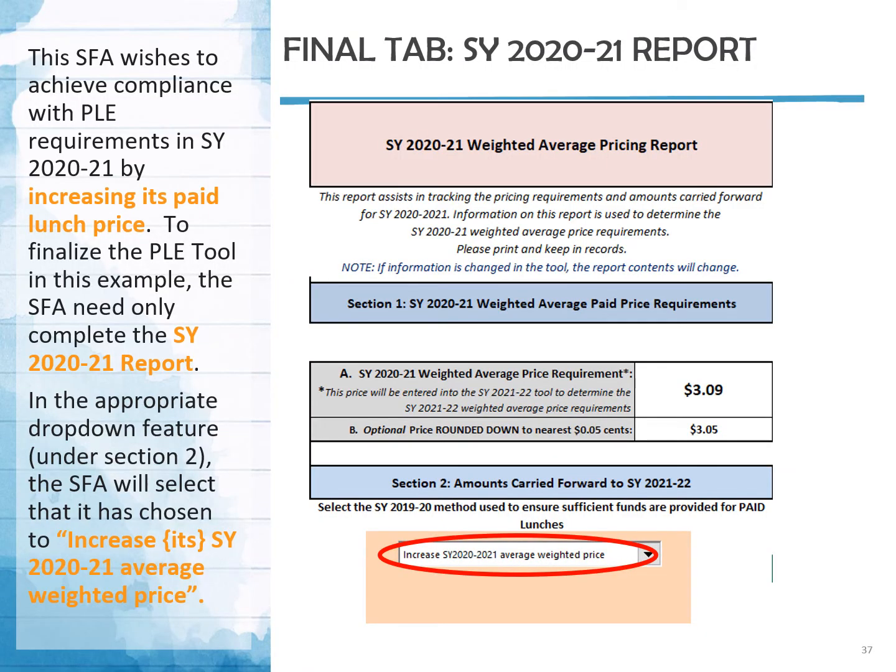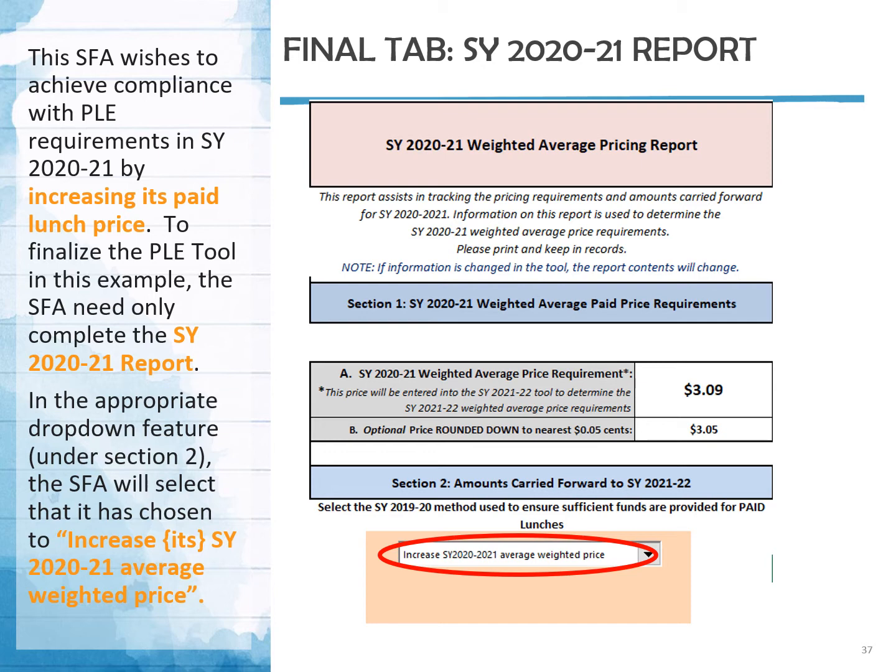This SFA wishes to achieve compliance with PLE requirements in school year 2020-2021 by increasing its paid lunch price. To finalize the PLE tool in this example, the SFA need only complete the school year 2020-2021 report.